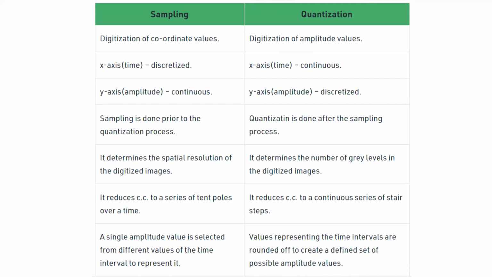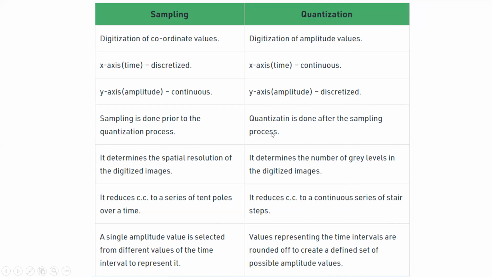Sampling determines the spatial resolution of the digitized image, whereas quantization determines the number of gray levels in the digitized image. Each process has its own specific significance.